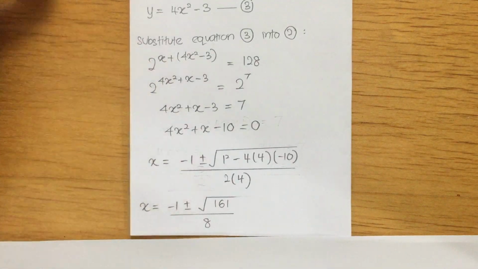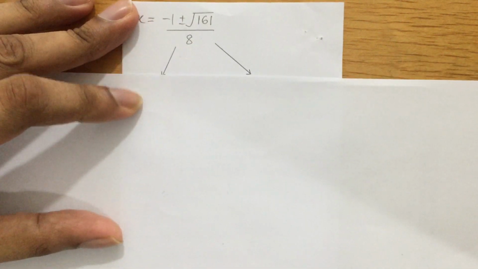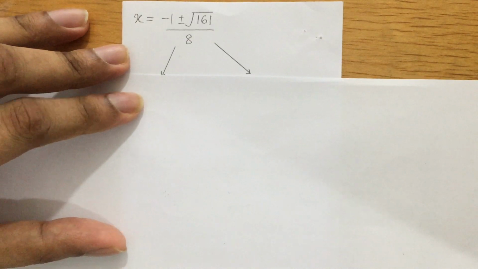So since you have a plus minus over here, you will have two possible answers, guys. So I'm going to show you the remaining working in the next page. Okay, like I said, it will give you two possible answers.